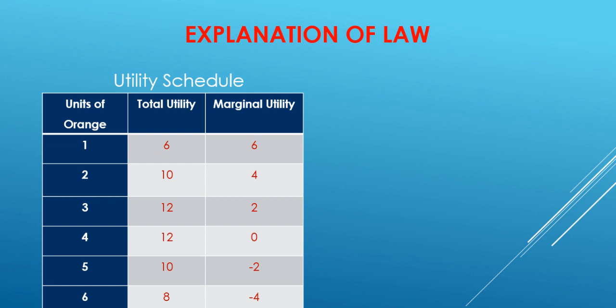At this level, Mr. X reaches the point of total or highest satisfaction. This point is known as the satiation point in utility theory. His desire for oranges is fully satisfied at the 4th unit of orange.